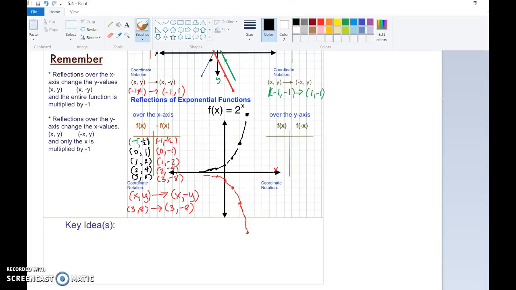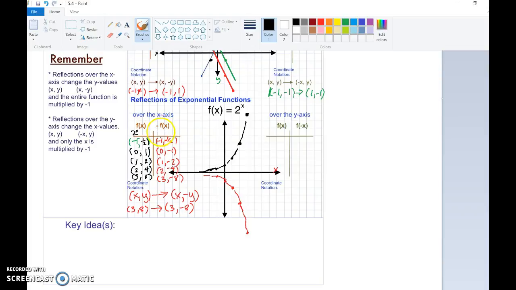Okay, and the only other thing left to do is to take a look at our equation and see how our equation has changed. So we had f of x equals 2 to the x power, and basically what we've done is we've said whenever we put x in, we're basically taking the opposite. The y value becomes the opposite.